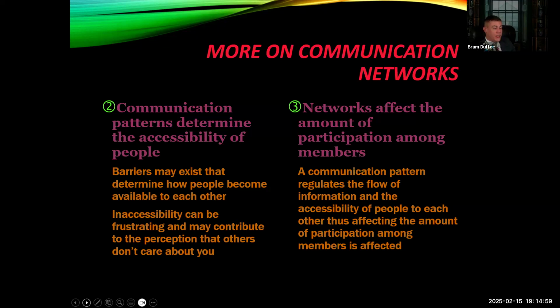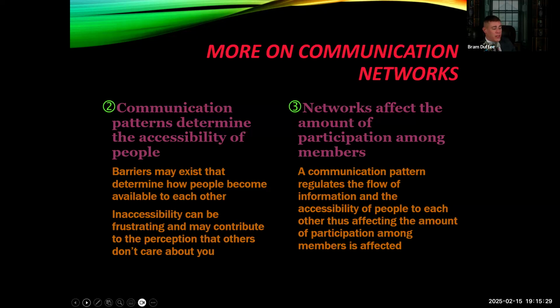So you might imagine a workplace where access to the decision makers is limited only to a handful of senior employees. And over time, this is going to make others feel disconnected or even neglected. And then these barriers might result in frustration as individuals begin to feel like their input isn't valued anymore, or their concerns aren't being heard.